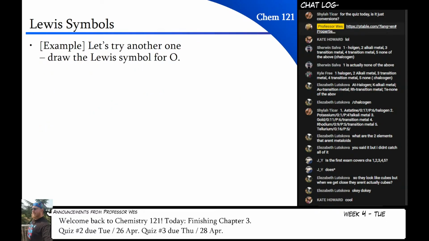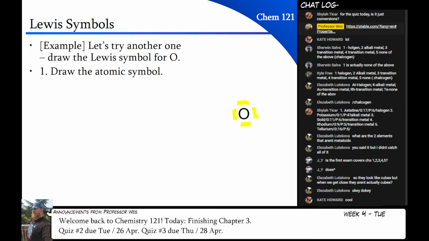All right, let's do another one. I want you to draw the Lewis symbol for oxygen. But there is a caveat. Remember that electrons repel, so first step, draw the oxygen symbol. Okay, yeah, duh, O. Now when you put the valence electrons around it, note that there's really only limited places to put them. So we're going to limit those places to the 4 sides.